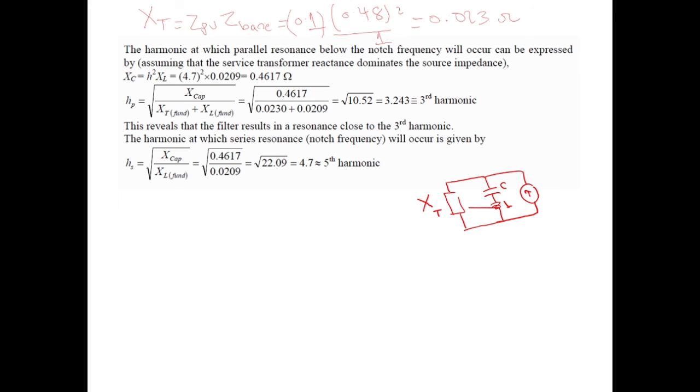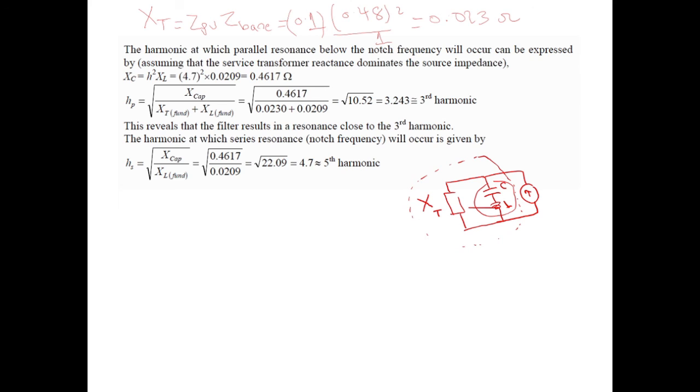Okay, so over here I have a series resonance, and then between the transformer and the filter I am going to have parallel resonance, right?